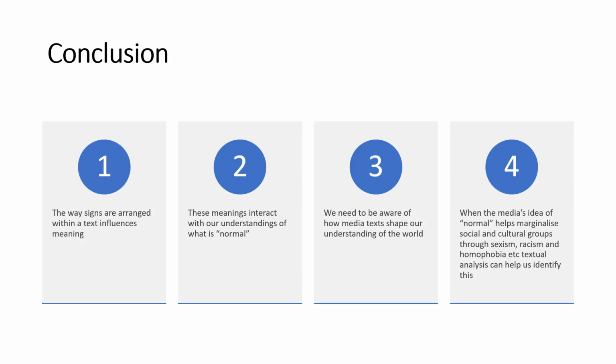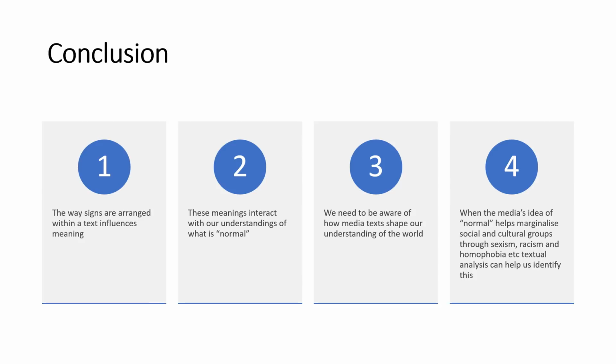Because when the media's idea of normal helps to marginalize social and cultural groups, as we saw in the previous two ads, when it helps to marginalize social and cultural groups through sexism, racism, homophobia, textual analysis becomes an important tool for helping us identify that.